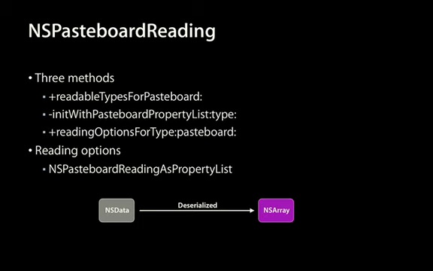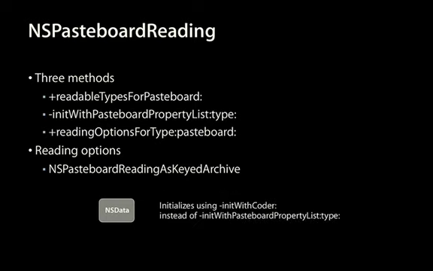In this case, you have already written a perfectly good init method, init with coder. So if you specify reading as keyed archive, you don't even necessarily need to implement init with pasteboard property list type. You could just specify that what you're looking for is a keyed archive, and we'll call init with coder instead automatically. We'll just unarchive it from the pasteboard for you.